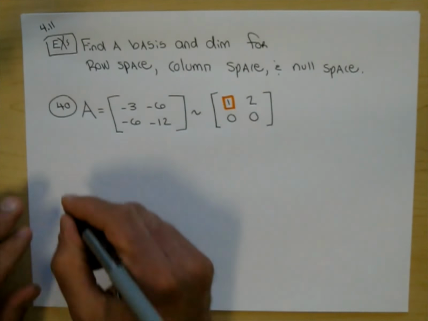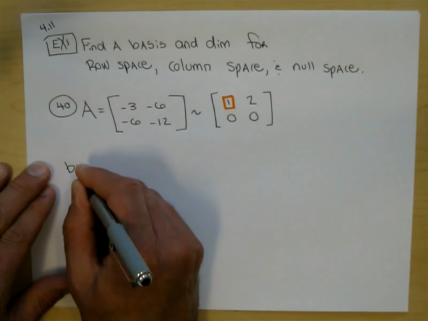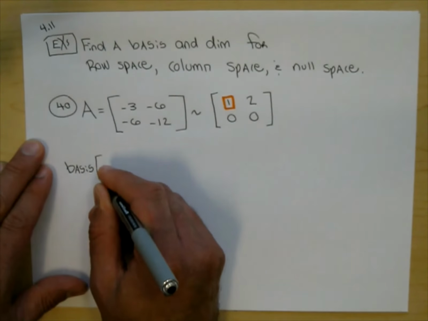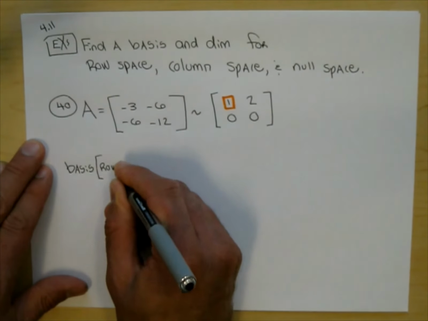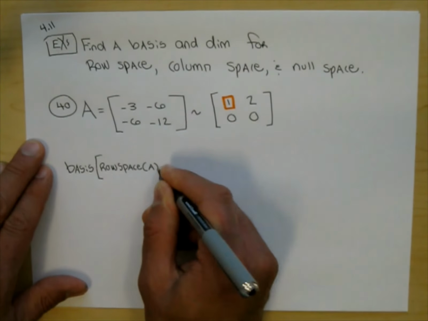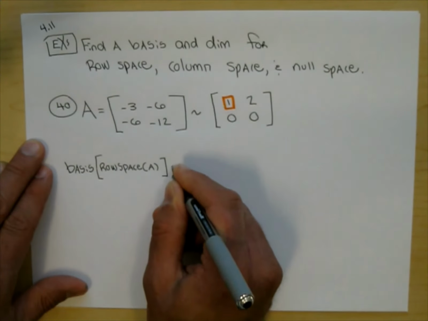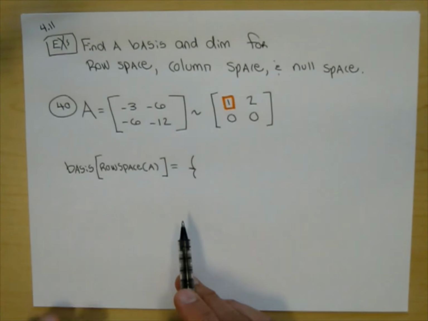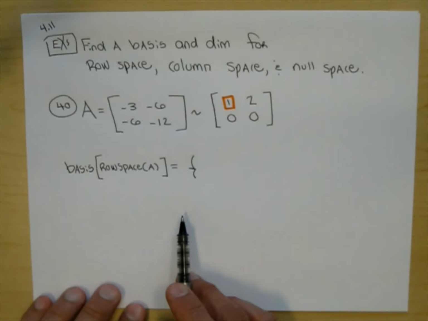And let's go ahead and write a basis for the row space of A. Okay, the row space is linear combinations of all rows of a matrix.